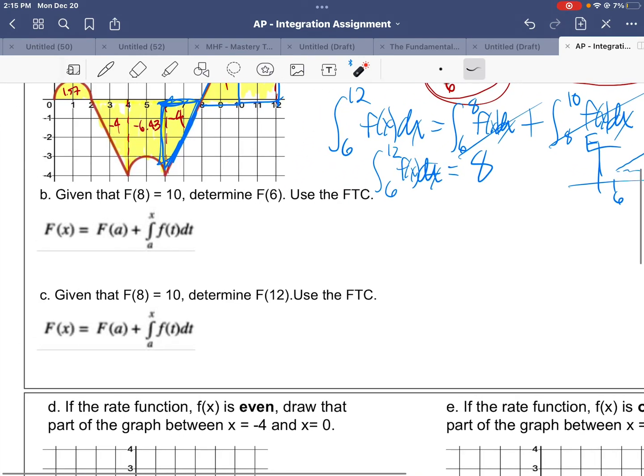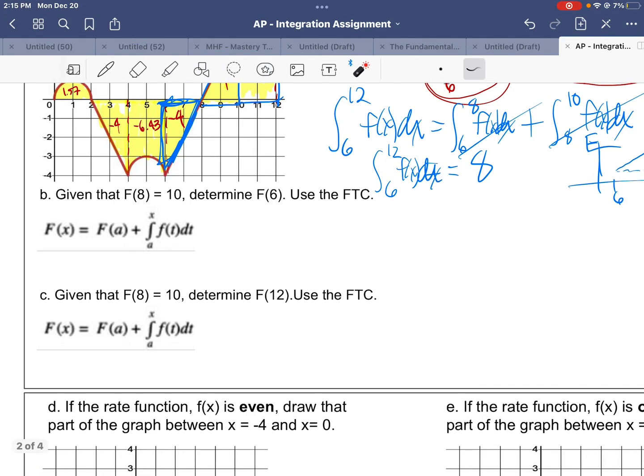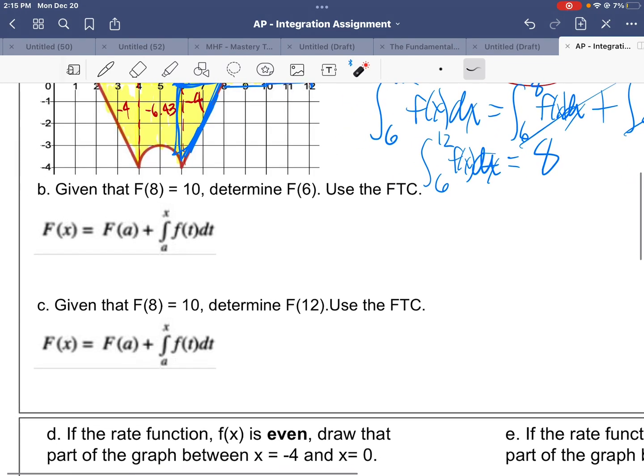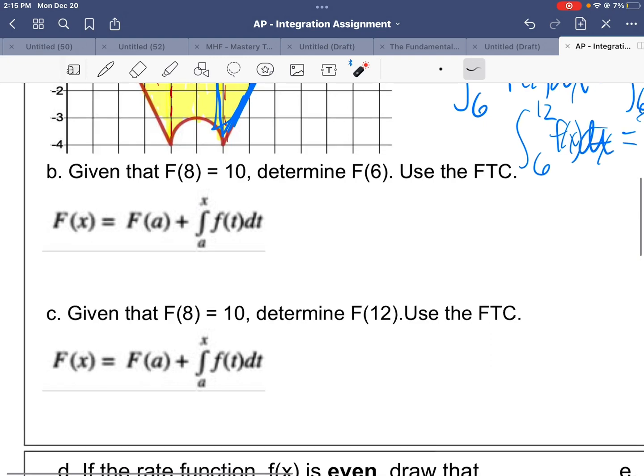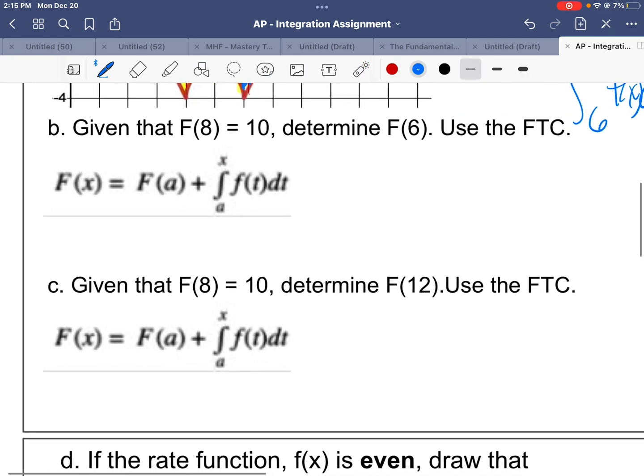Then it says, given that F at 8 equals 10, determine F at 6. Now we're introducing the second part of this fundamental theorem. The second part of that fundamental theorem is this: F of x equals F of a, that's known, plus the area from a to some number x. In this case, I have that F at 8 equals 10, so now I have an ordered pair on the original.